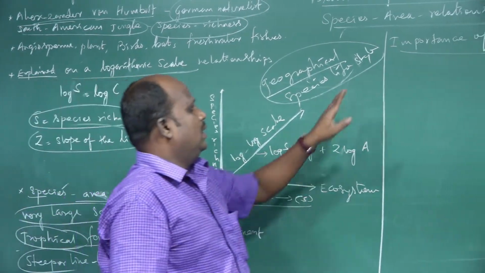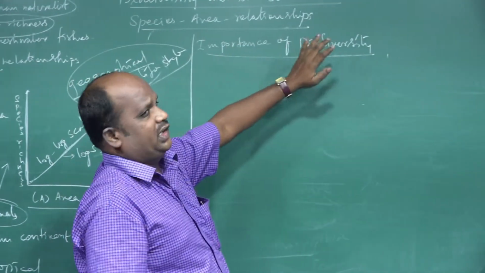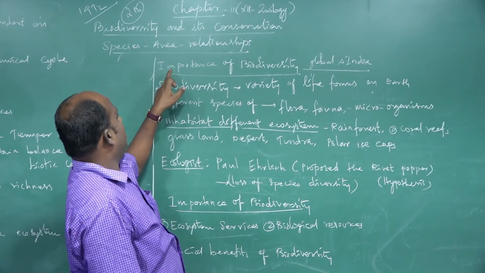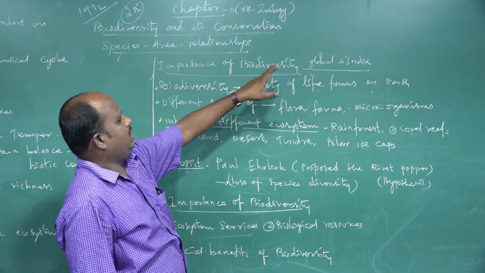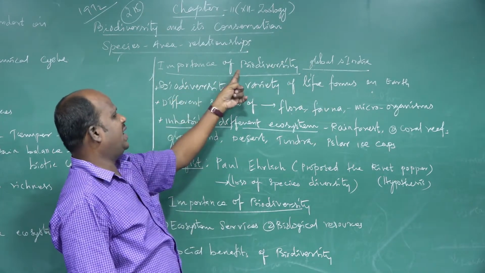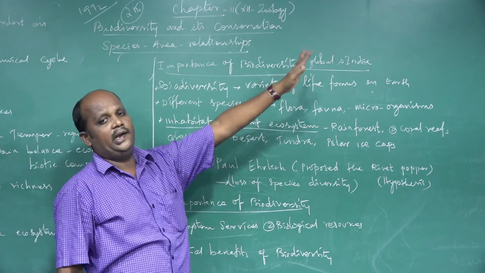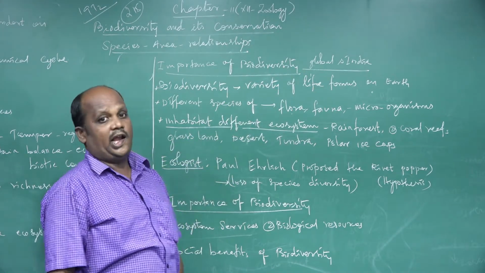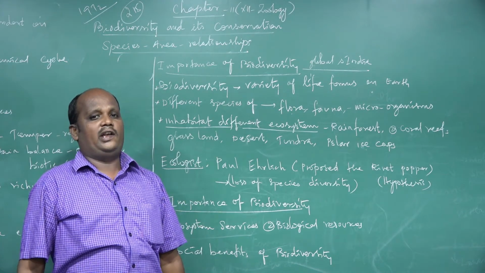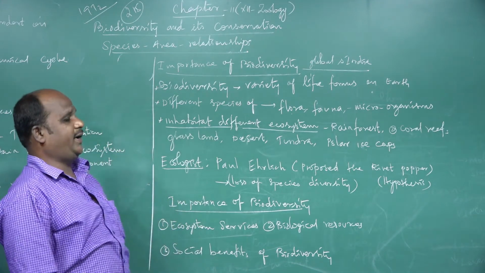Next one is the importance of biodiversity, global level and India level. See, I already told you, the biodiversity available countries are totally 25.